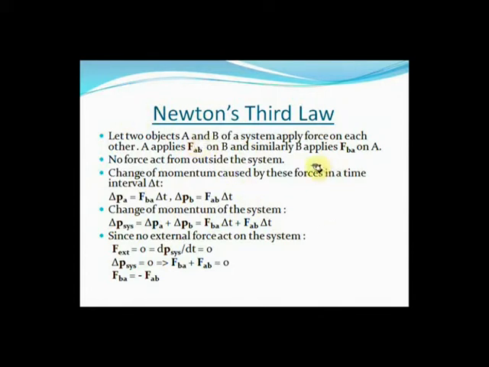Suppose we have two blocks, block A and block B. Block A exerts a force FAB on block B, and block B exerts a force FBA on block A. Let's take a system consisting of block A and B. So we have this system, and block A and B are part of it.